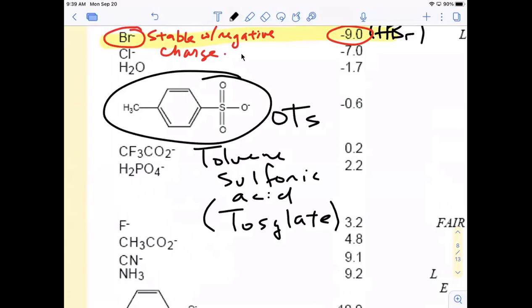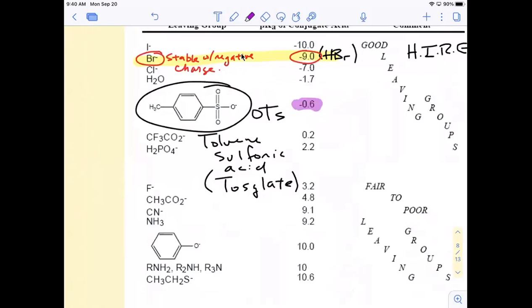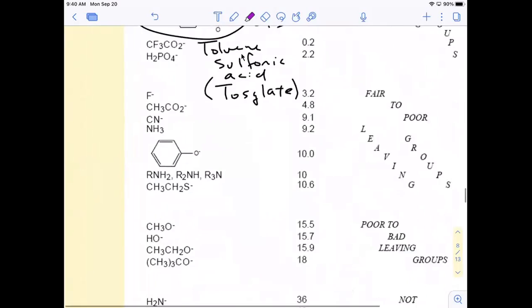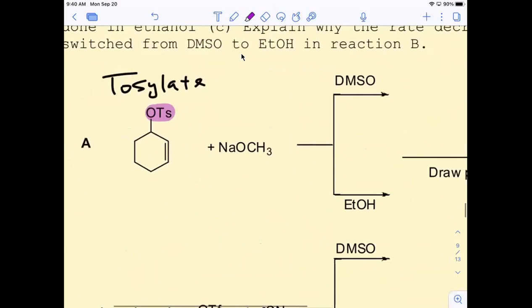So that's the tosylate anion. You can see the pKa, negative 0.6. So it's actually a really good acid. And that means it's going to also have the pKa of the conjugate acid. So that means that this is going to be a very good leaving group. All right. So the tosylate is my leaving group.